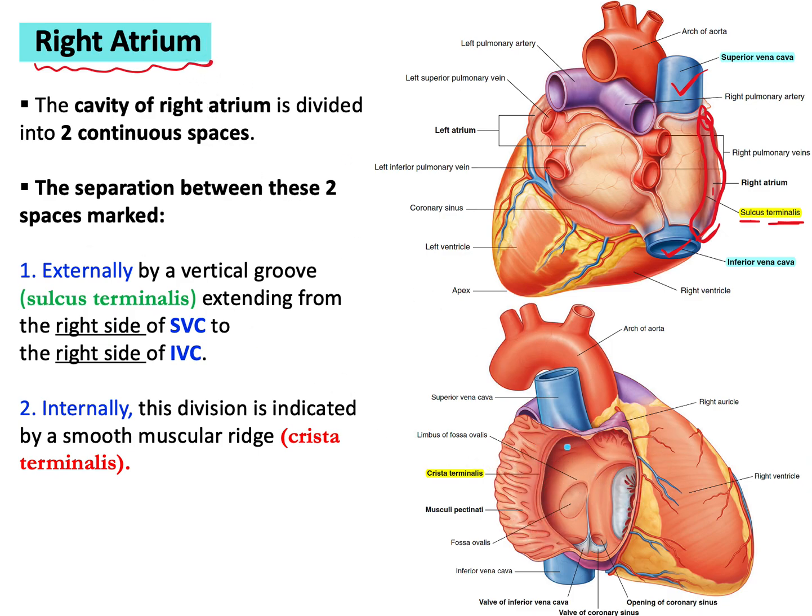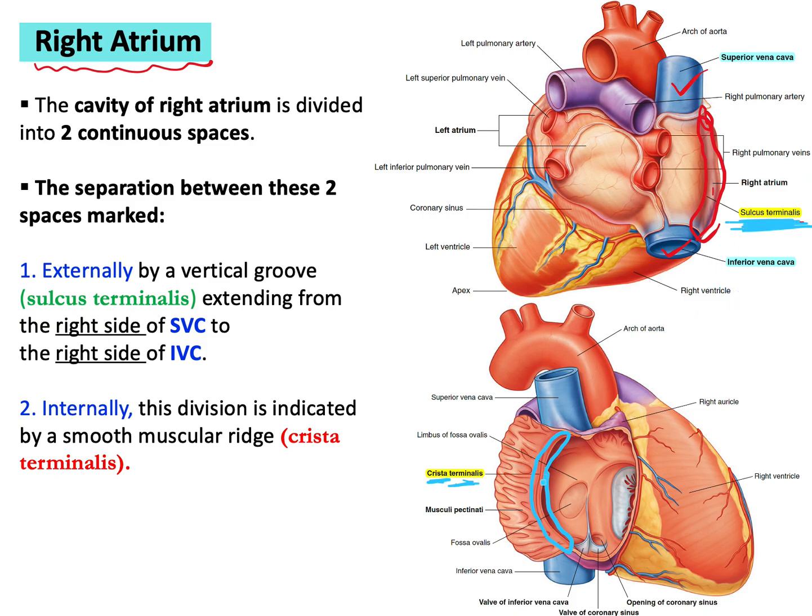in which, if you open the right atrium inferiorly, in the inferior figure, this sulcus terminalis marks the crista terminalis internally. That means this ridge, known as the crista terminalis, is the sulcus terminalis from outside.